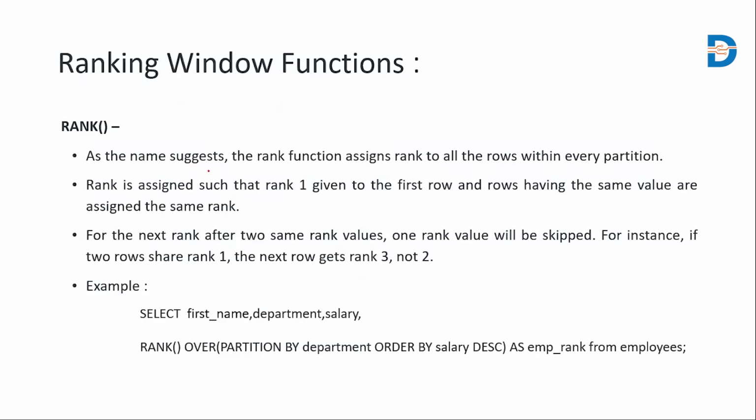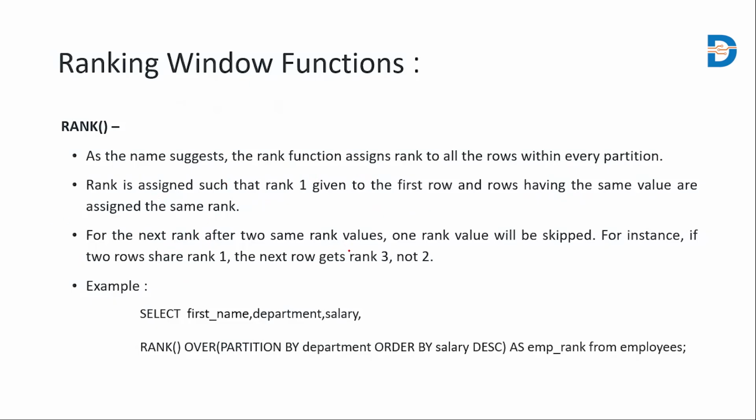As the name suggests, the rank function assigns a ranking to all the rows within every partition. Rank 1 is given to the first row, and rows having the same value are assigned the same rank.